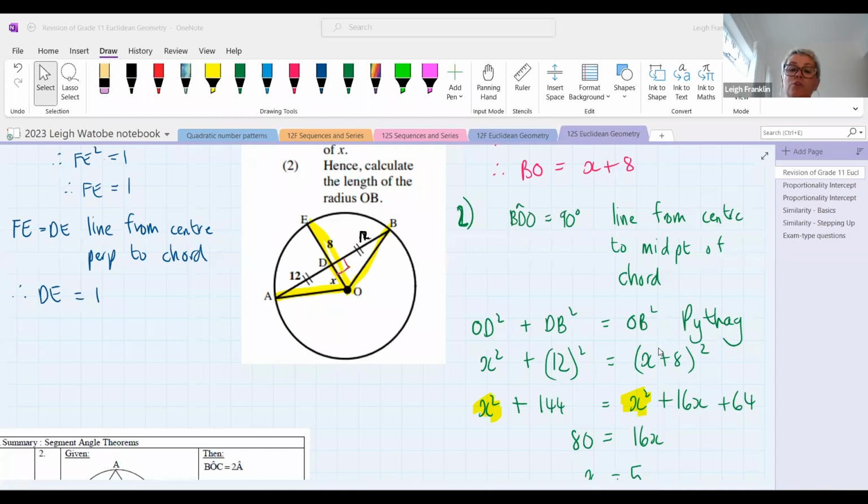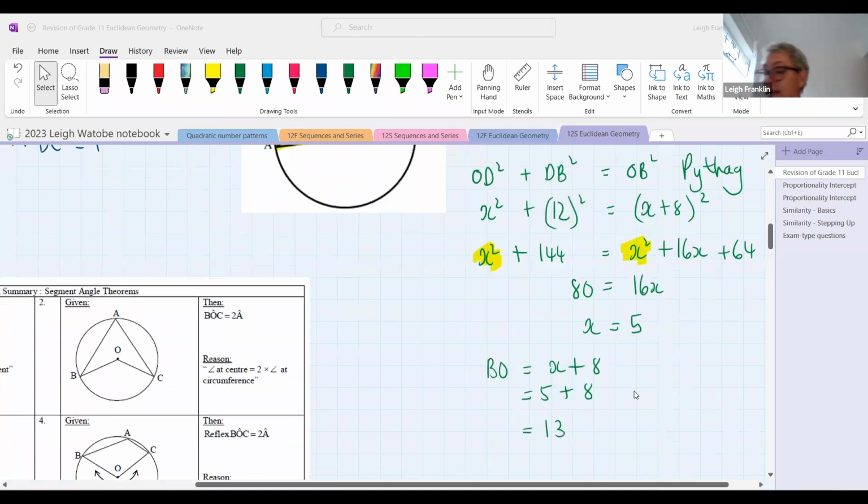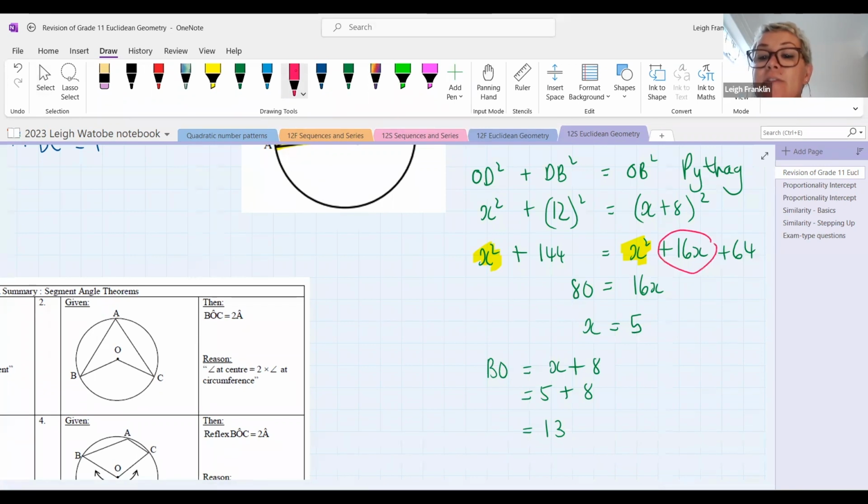What you want to do here, Amina, is get your x terms on one side and your number terms on the other side. It doesn't matter which side you choose to collect them on. I could take this 16x over to that side, but then it would become negative 16x. And if I take this 144 over to this side, it would be 64 minus 144, which gives negative 80.